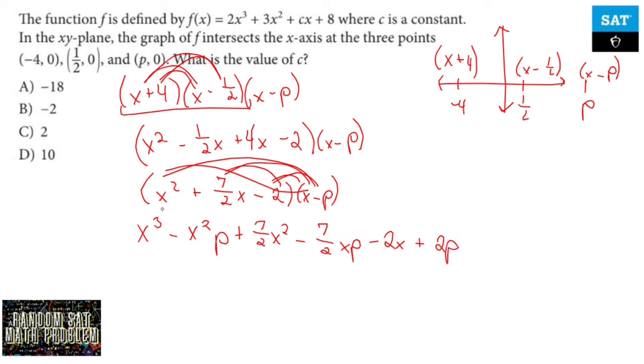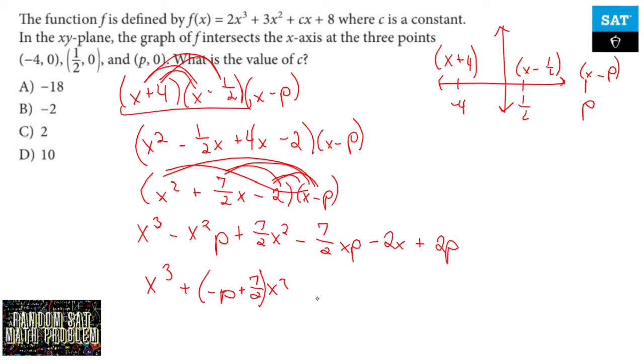So I want to compare this to that as much as possible. So we have x cubed, minus, let's make it plus, let's factor out everything from these two x squared. So I have x squareds hanging out here. So that's going to be minus p plus 7/2, like so.